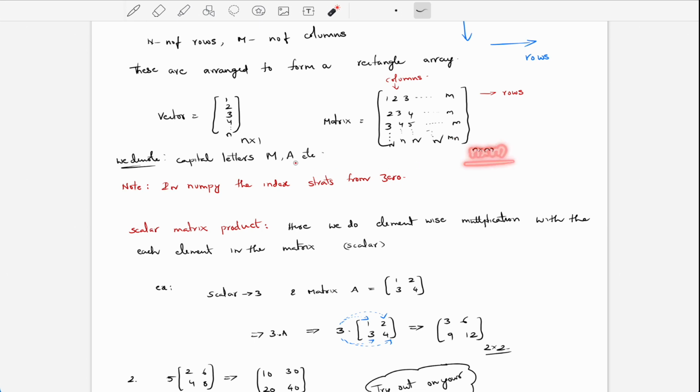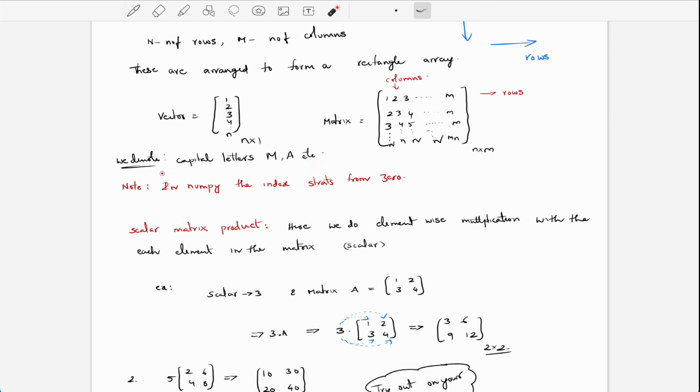That's the only difference between a vector and a matrix. We denote vectors in small letters, but we denote matrices in capital letters.